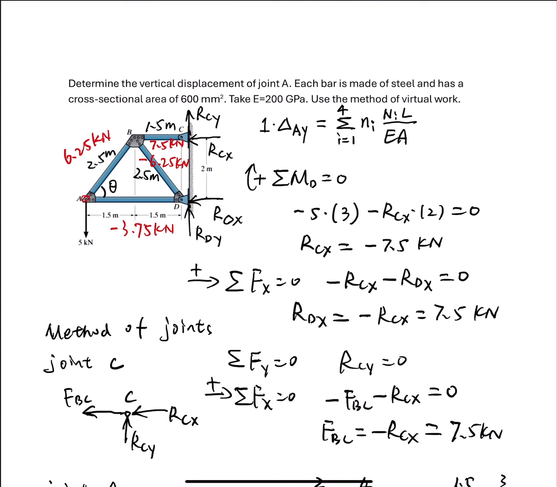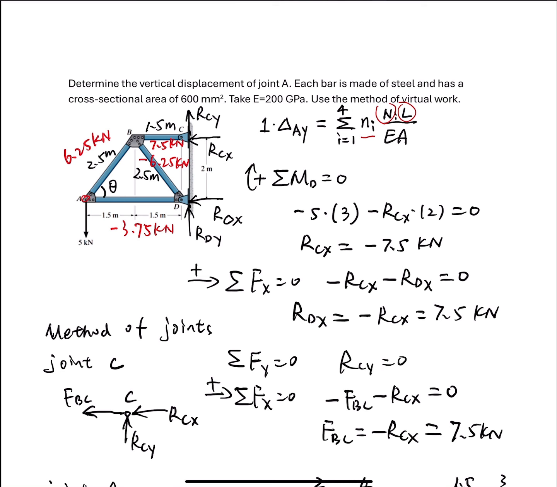Once we have the member forces, we then need to know the member force of the virtual system, small n. Before we go to the next step, let me show you how to determine the remaining reaction forces.